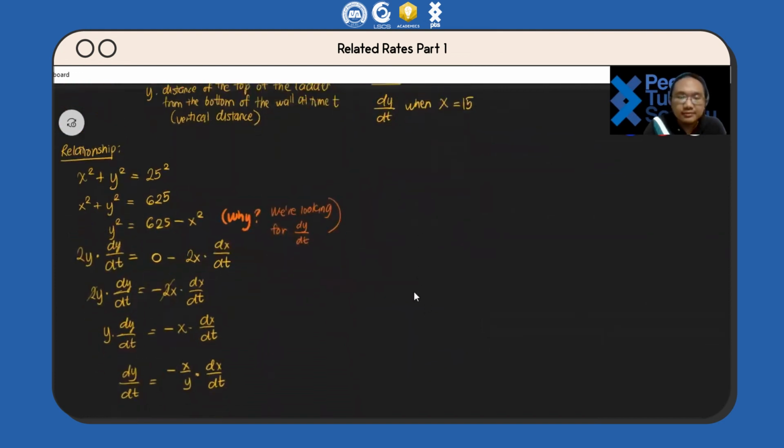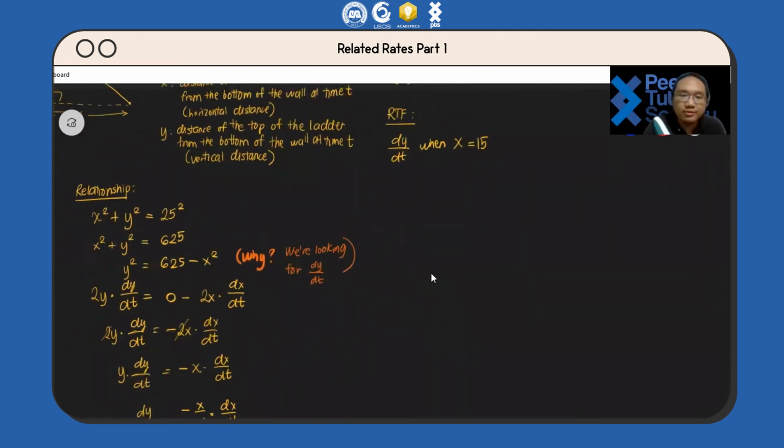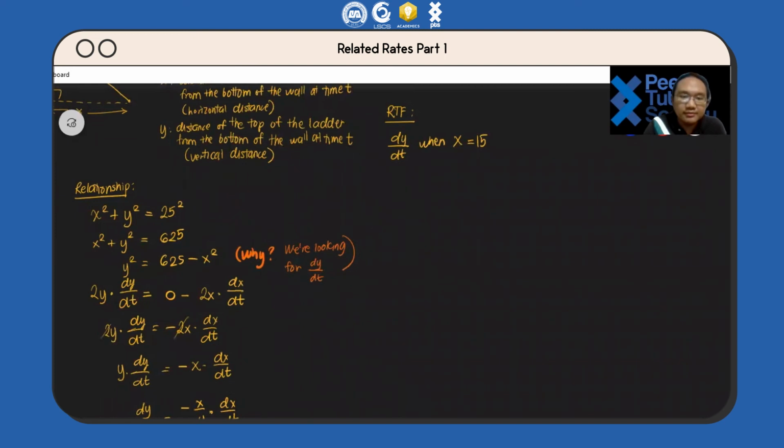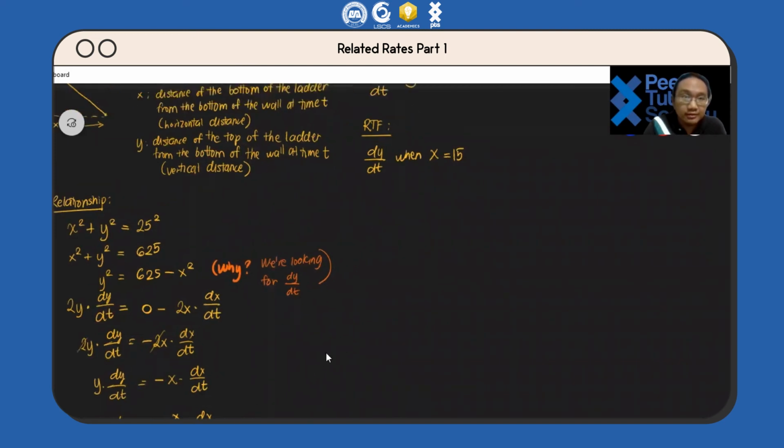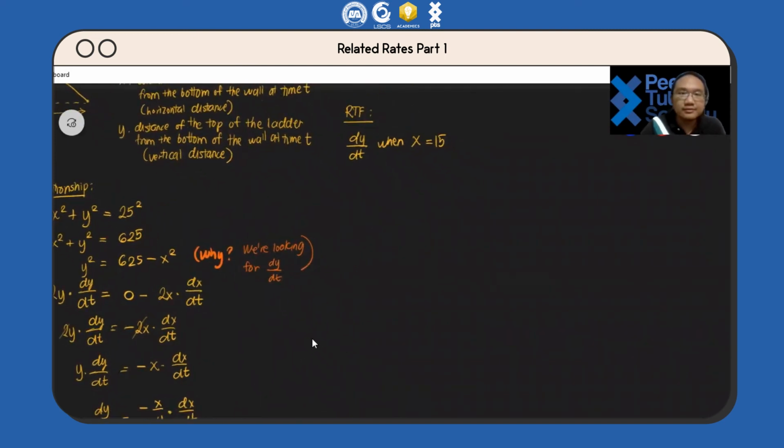So let's see how we're going to solve this problem. Let's now plug it in to our equation.